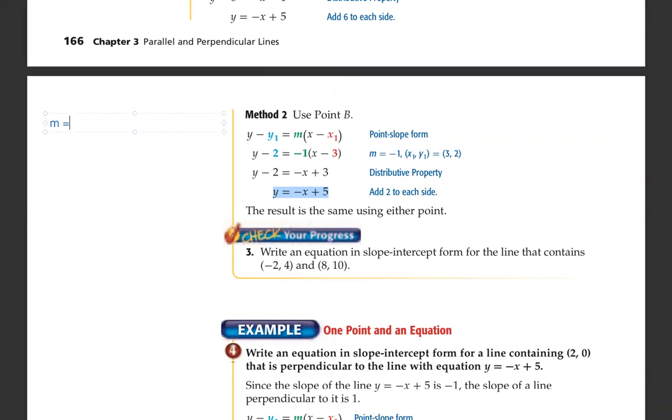m is equal to y2 minus y1 over x2 minus x1. 10 minus 4 over 8 minus negative 2.